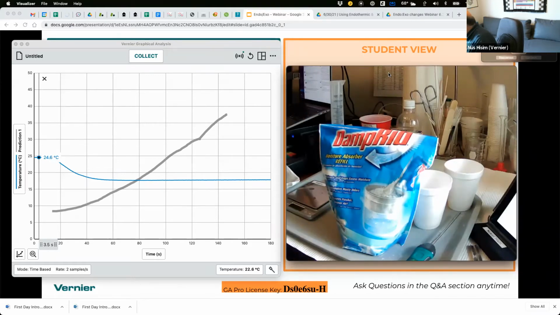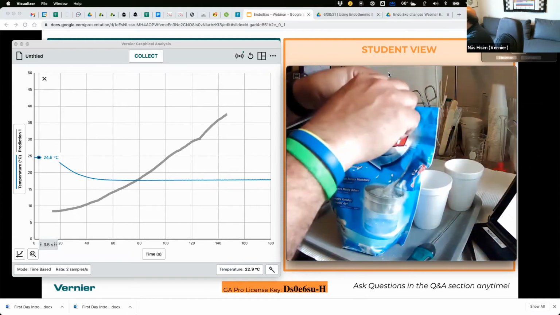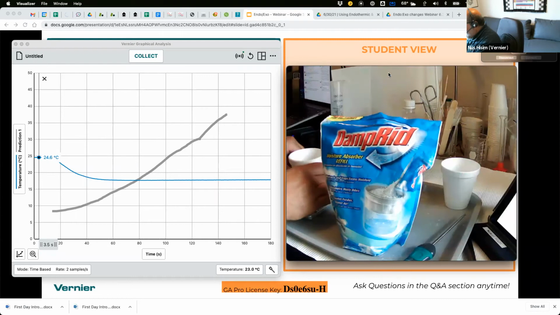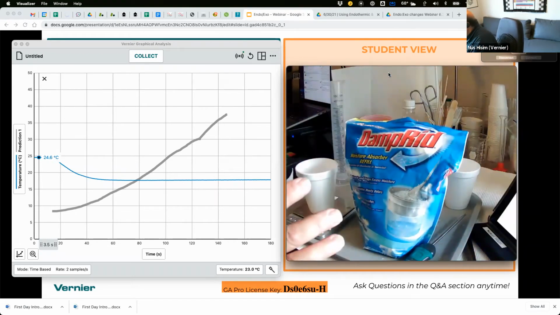But the idea here is, why do I do this instead of put out containers of calcium chloride, which of course you could do? Well, this whole idea is that everything they touch is a chemical. I used to do a little thing with lower level kids, like elementary kids. I'd say, take your finger and touch something that doesn't have chemistry in it.